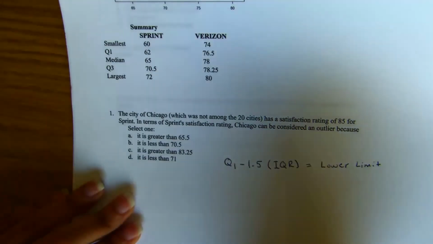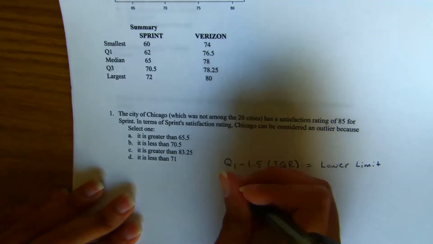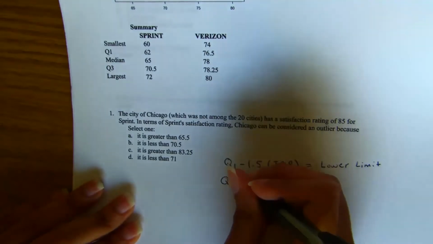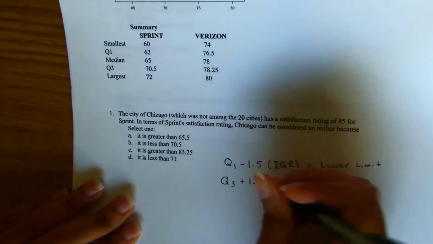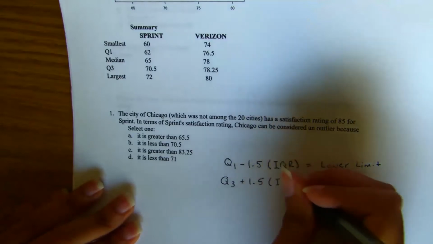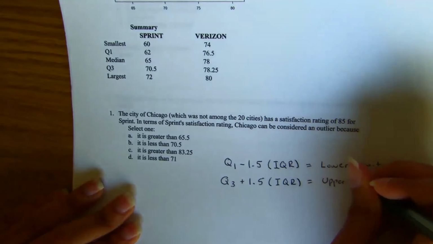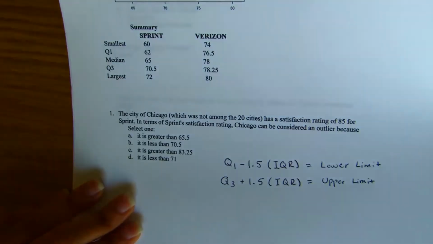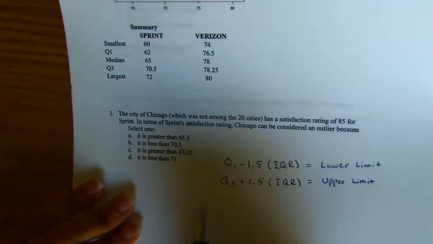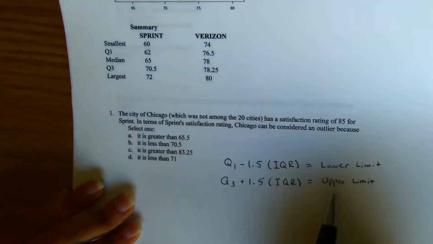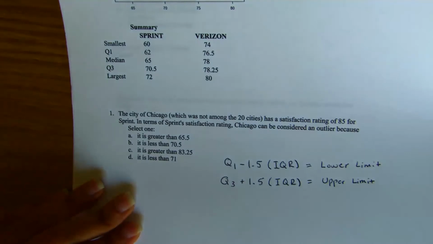To get the upper limit, you're going to do Q3 plus 1.5 times the interquartile range. So any value that lies above the upper limit or below the lower limit would be considered an outlier.